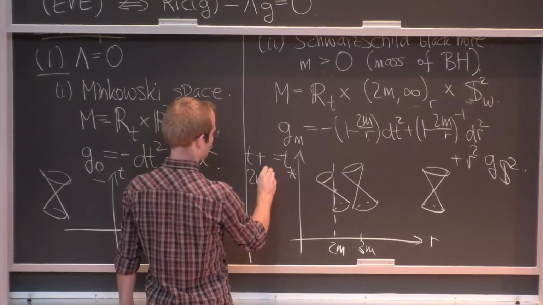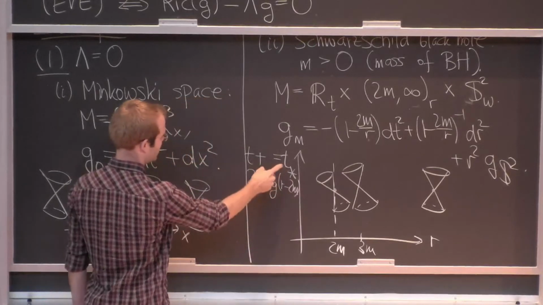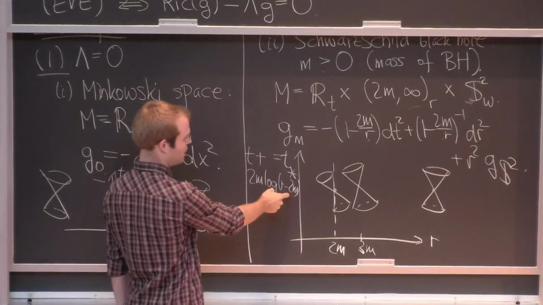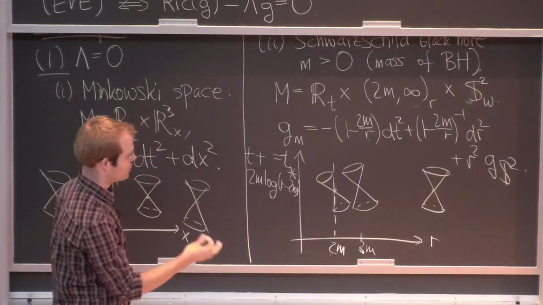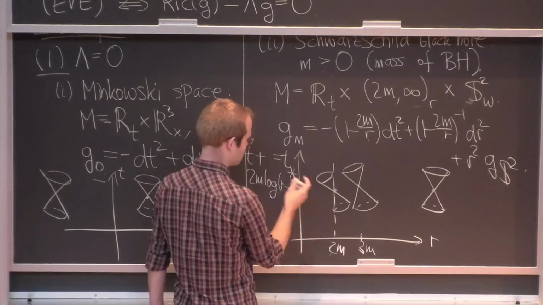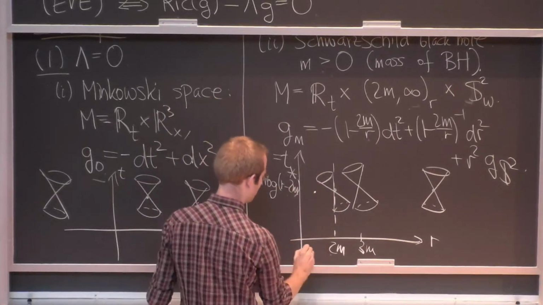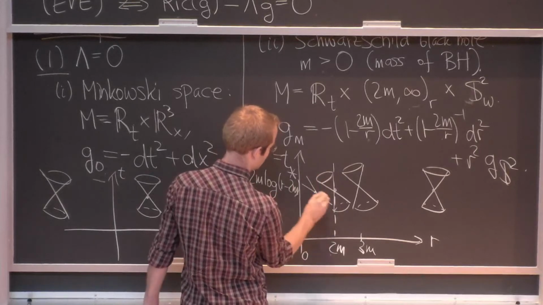And it turns out, as an exercise for those of you who get bored, if you take t star equals t plus 2m log of (r minus 2m), that's a singular coordinate change at this horizon, r equals 2m, then the metric extends smoothly across. Okay, and then you can draw these light cones. Once you believe me, the light cones even closer to r equals 0 are even more tilted. So they look somewhat like this.